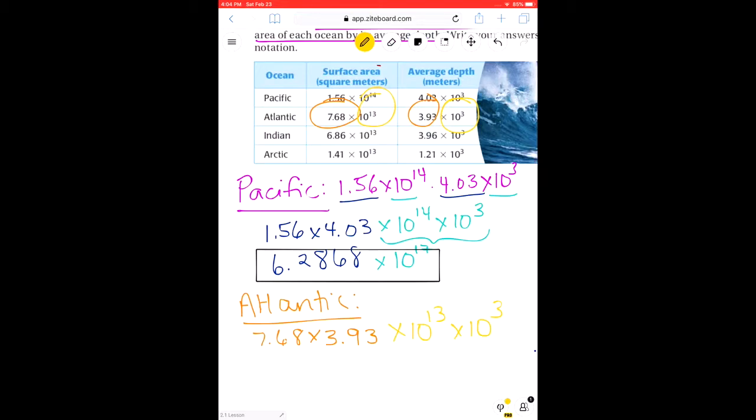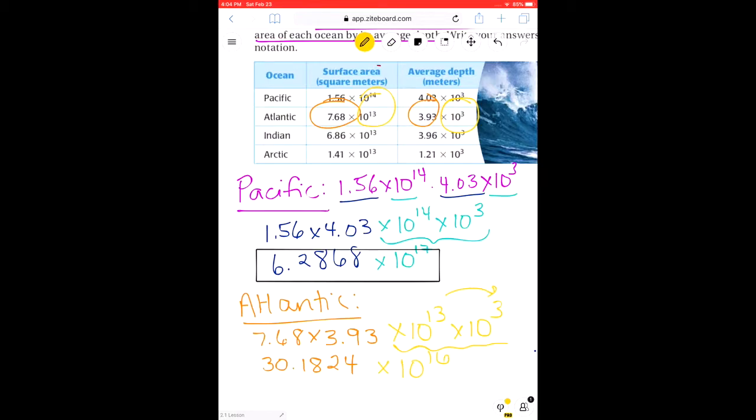Just like before, I'm going to use my calculator, so I'm literally typing in 7.68 times 3.93, and that's giving me 30.1824. Then I'm going to do the right-hand side, and that's going to give me times 10 to the, I have to add my exponents, 13 plus 3 is 16.